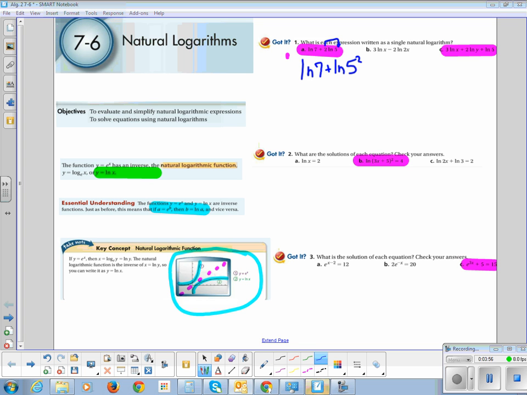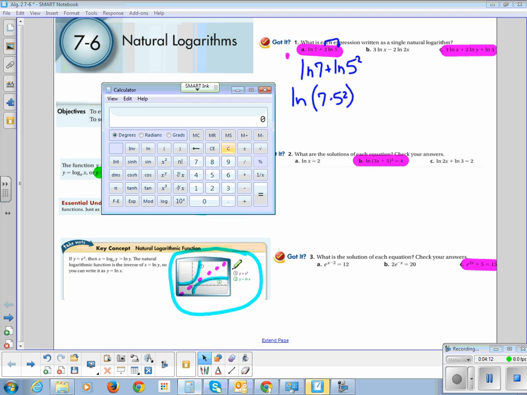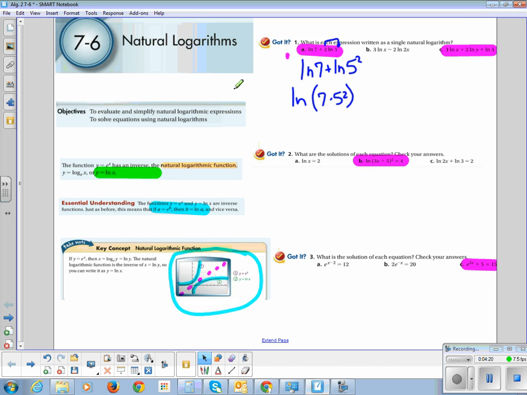Then when I have logarithms separated by a plus, I can write that as one log with multiplication. So now all I need to know is what is 7 times 25? It's 175. So this is the natural log of 175.